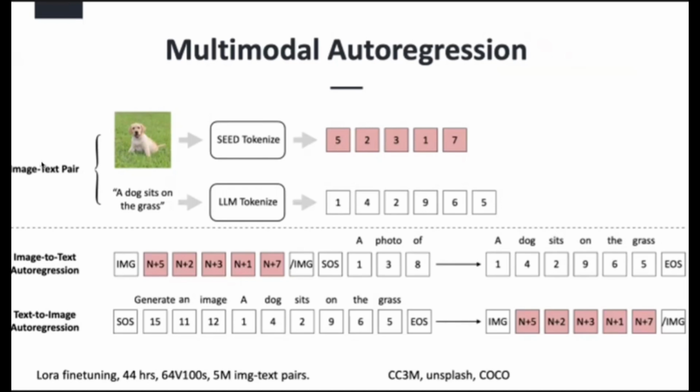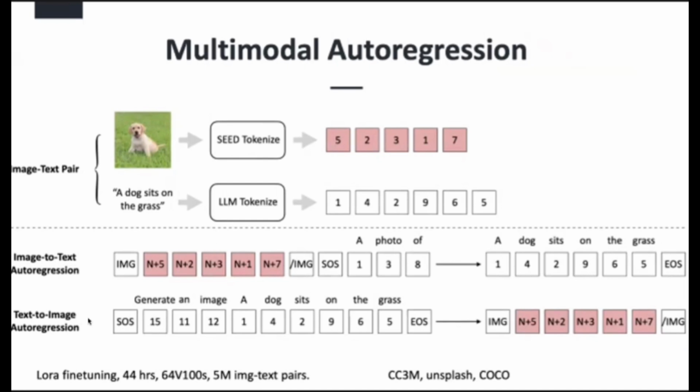Given an image-text pair data set, they formulate the task as autoregression. For image-to-text, the previous tokens are image tokens, and then the output tokens are the text tokens.